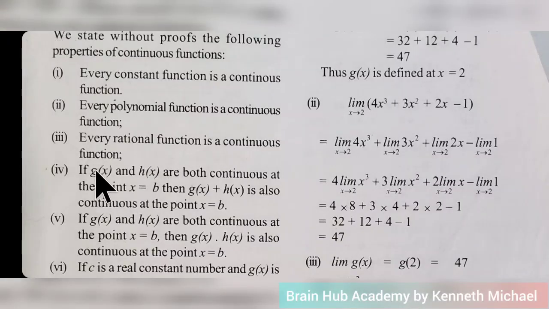So if g of x and h of x are both continuous at the point x equals b, then g of x plus h of x is also continuous at point x equals b. Okay, so now this x here is a mistake.